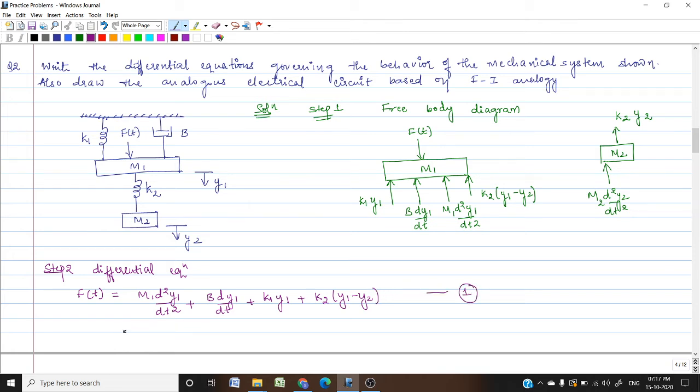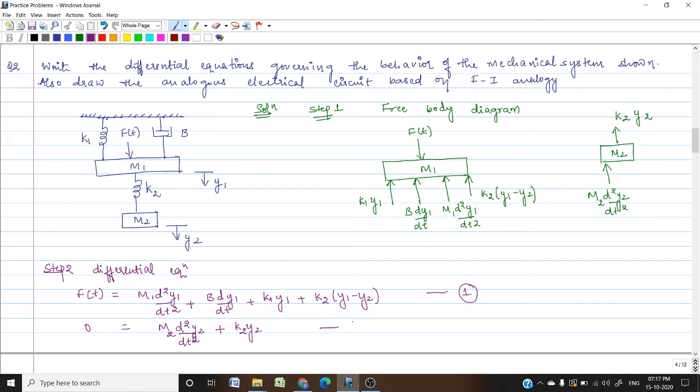Coming to the next equation, we have m2 d square y2 by dt square plus k2 into y2. This will be equal to 0 because there is no input force acting on mass m2.